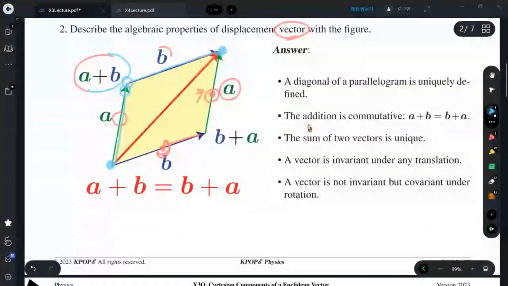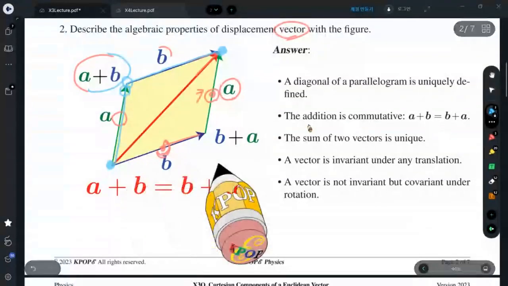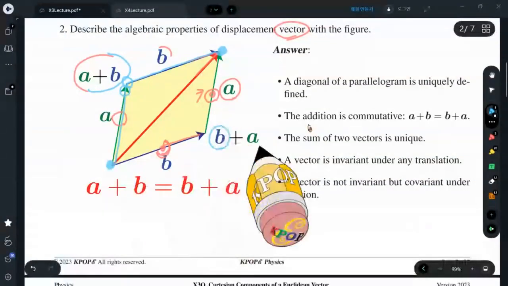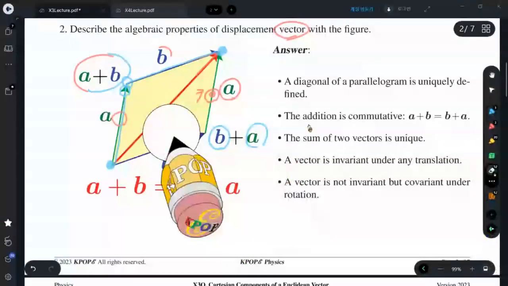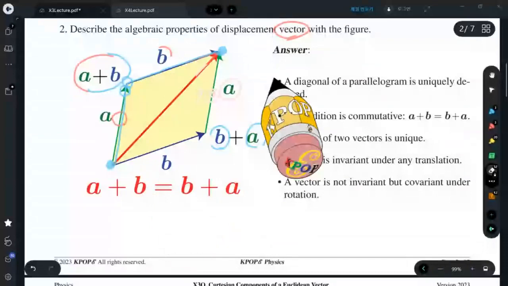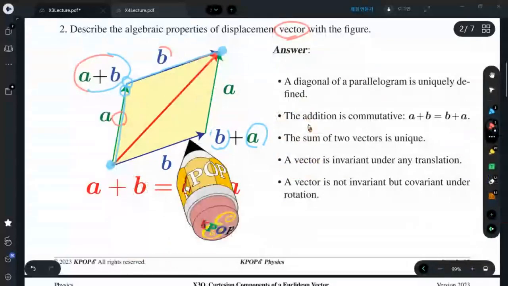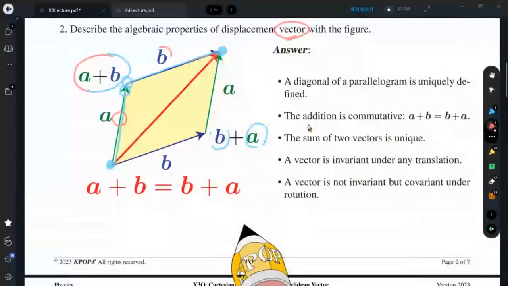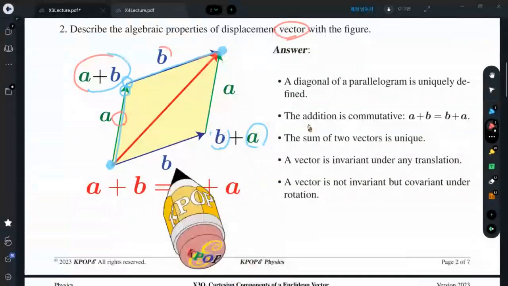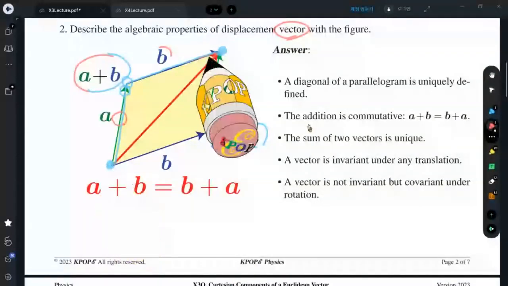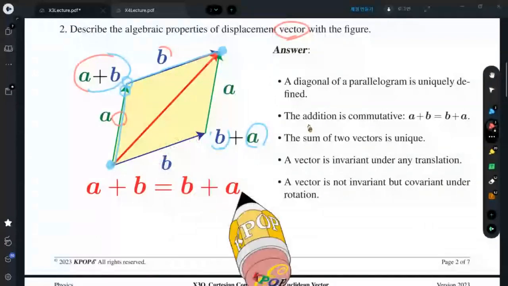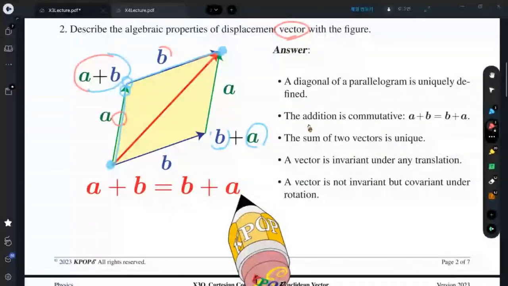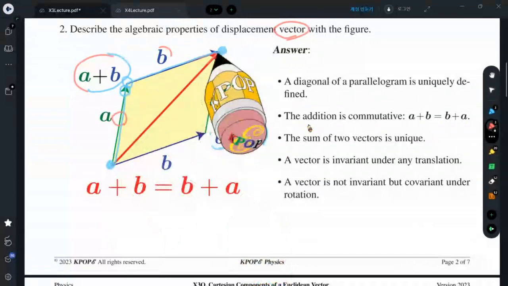In a similar manner, we can define the vector B plus A. In that case, we begin with B and then add A. So B plus A is here. Elementary school students may know the diagonal of a parallelogram is uniquely defined. There is no other way to represent this diagonal.